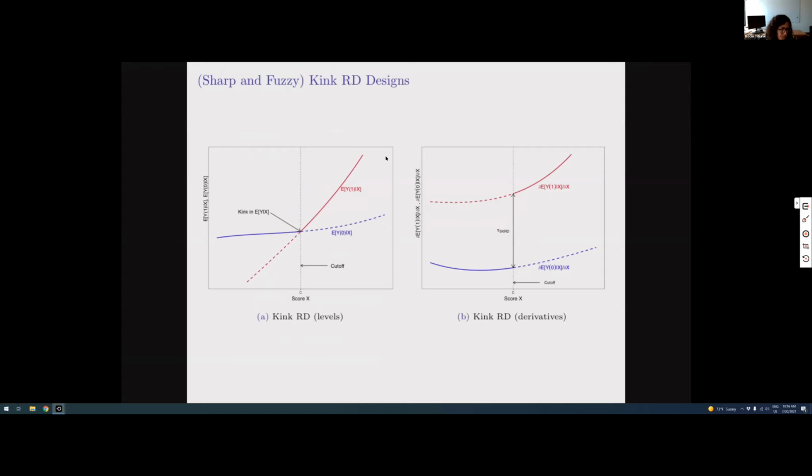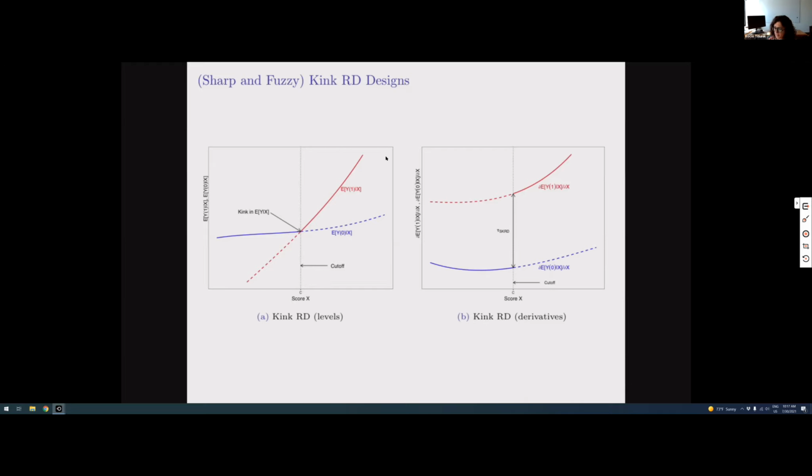The other kind of regression-related design that you might encounter, and this is common in economics in particular, is what are called kink designs. So these are situations where you have a treatment or a policy, but the policy is not binary. It's a continuous policy that depends on a score via a formula, and the formula introduces kinks.